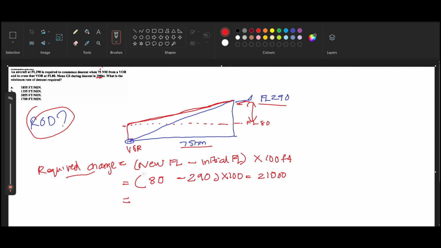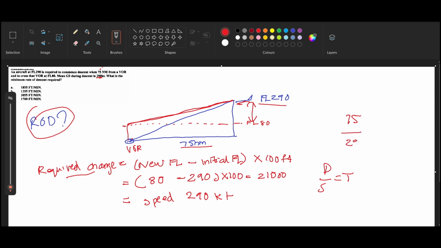Now we also have the ground speed, 290 knots during the descent. Basic physics equation: distance by speed is equal to time. We already have the distance, 75 nautical miles.